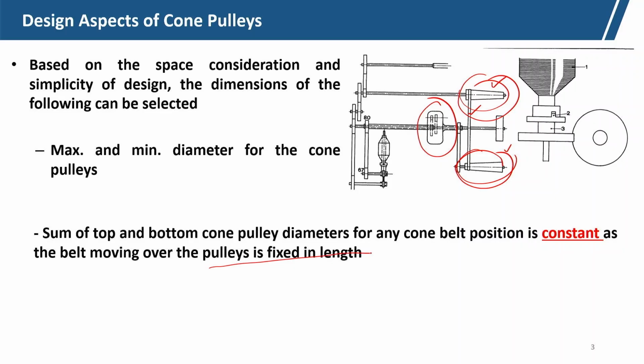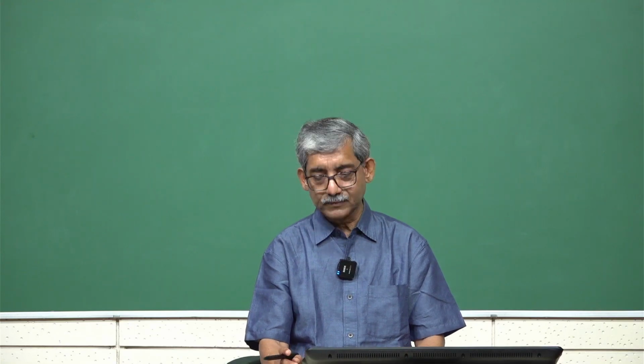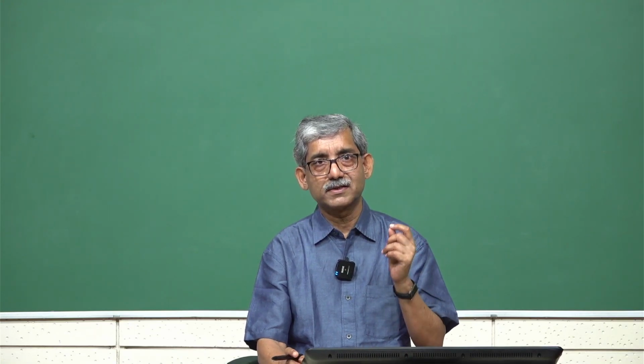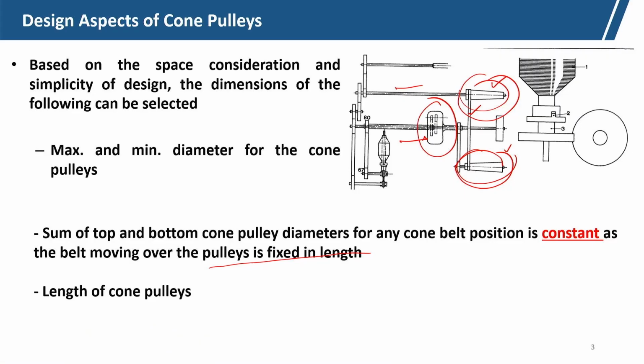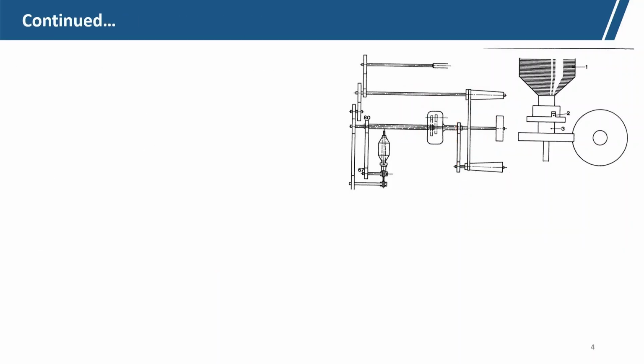To keep this, both axes of the cone pulleys, top and bottom, should be parallel, okay. So, the belt length is fixed, and the length of the cone pulley is also important. For the sake of space, we have to shift the cone belt within a limited space.